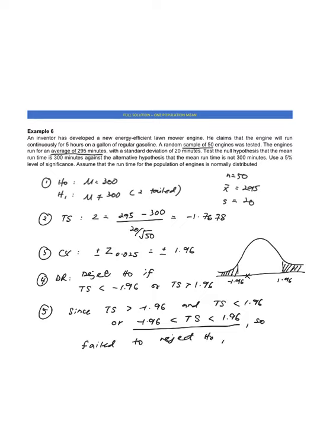So when we fail to reject H naught, it means the mean is equivalent to 300.